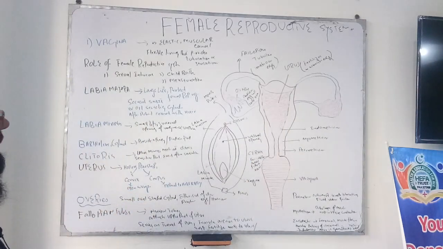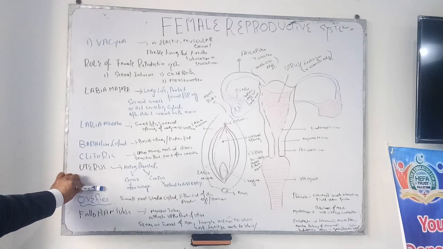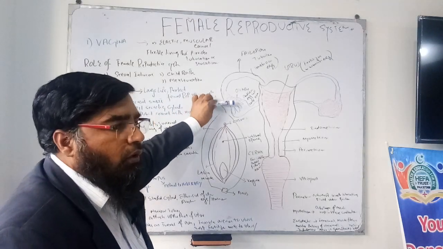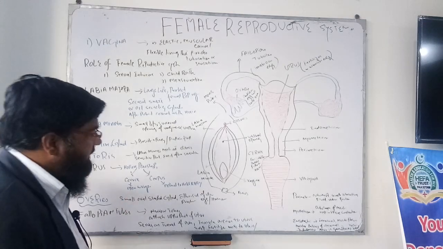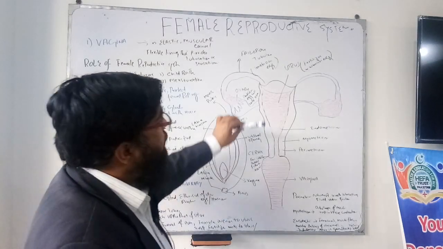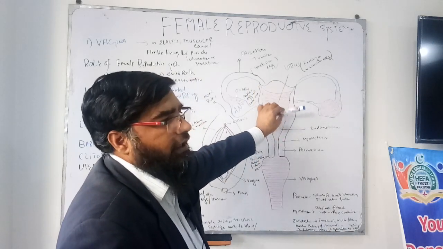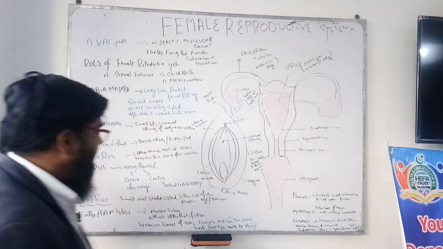After discussing the uterus, we will discuss the ovaries. Ovaries are small oval-shaped glands located on both sides of the female reproductive system.